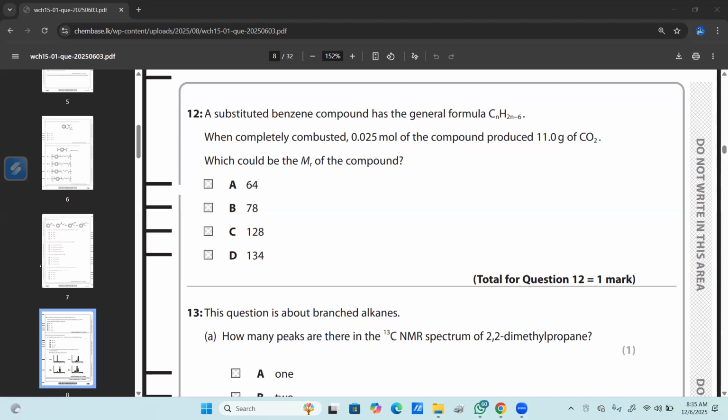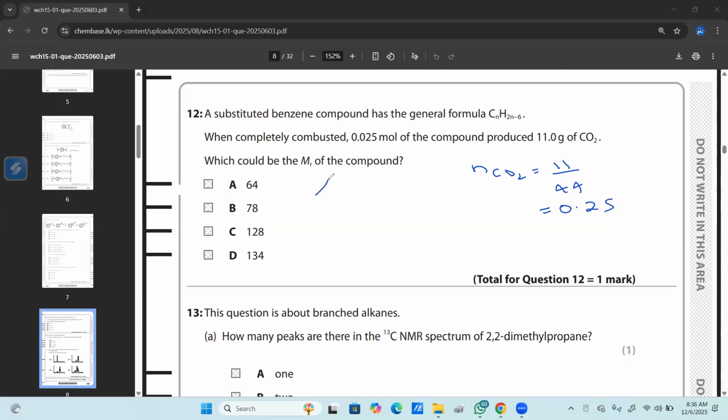So if I explain again, I found the number of moles of carbon dioxide, 11 divided by 44, 0.25, right?